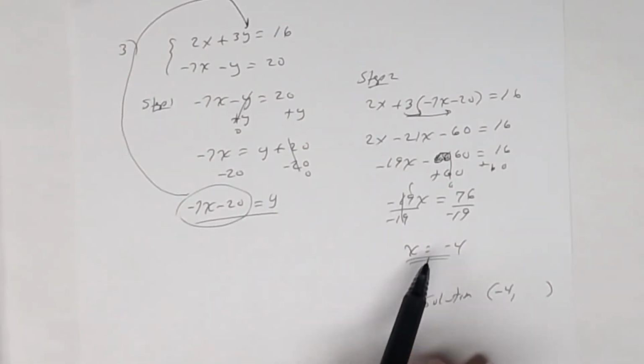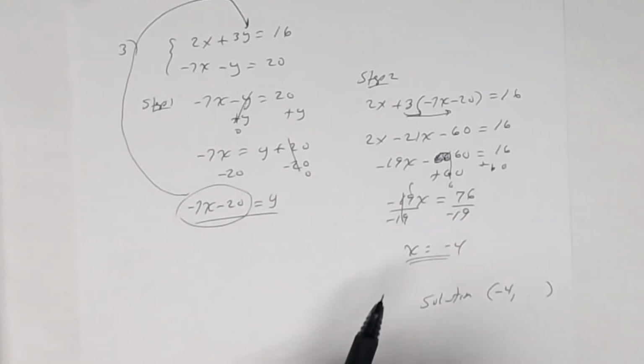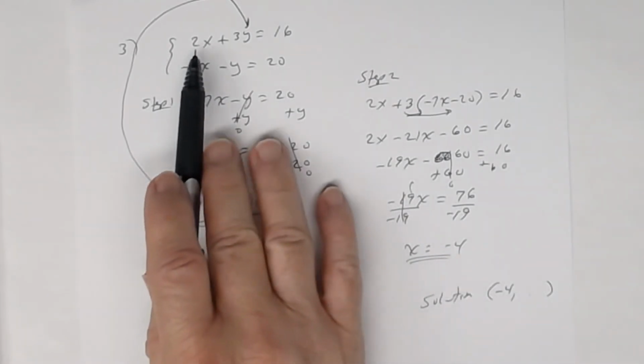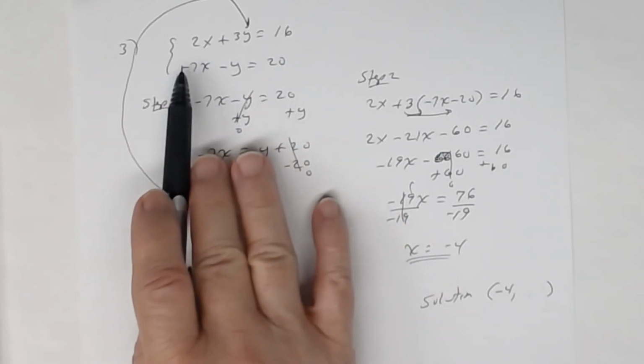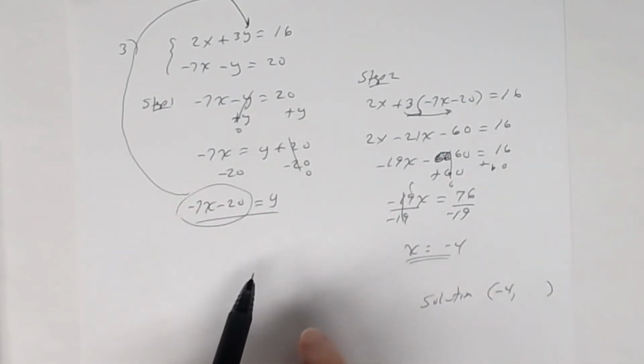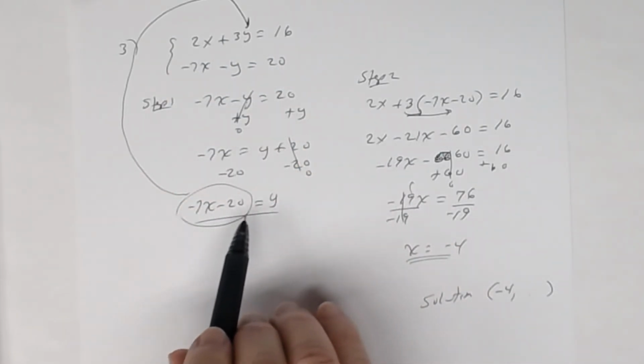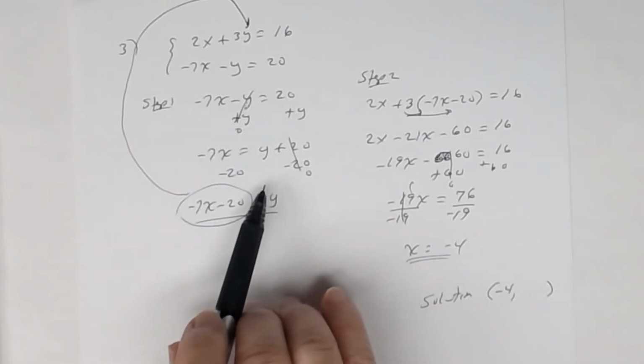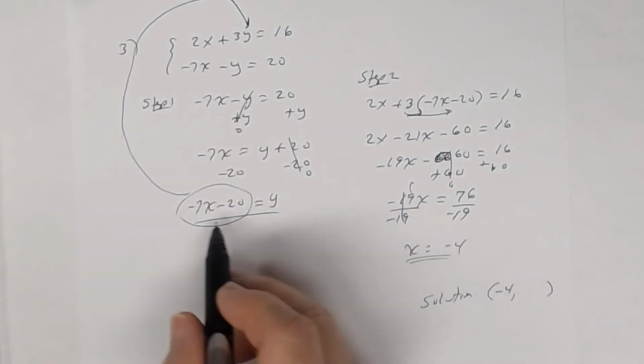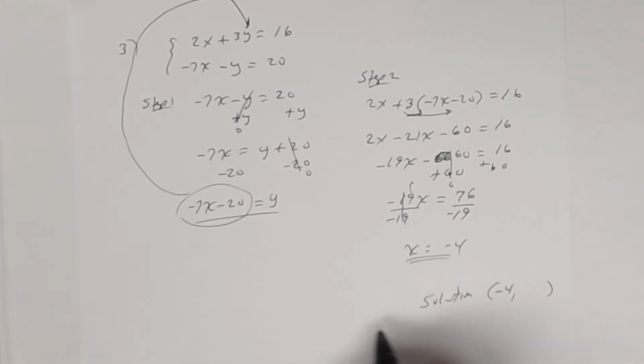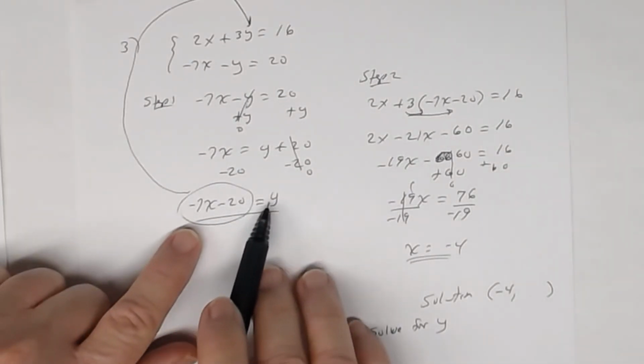Now remember, to find the y-coordinate, you should go back to one of these equations, just in case you made an error here. But assuming you did all this work correctly, you can go to this one, where y is already by itself.